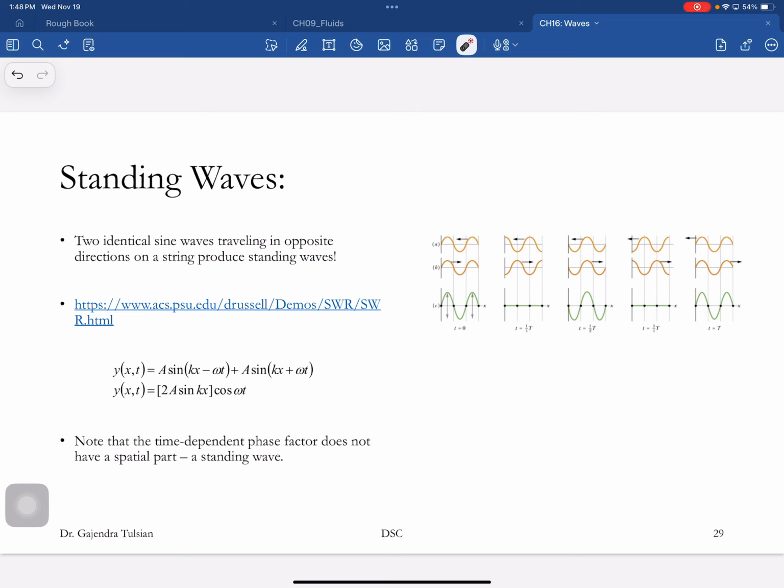Here's a wave traveling to the right. Here's a wave traveling to the left. Their amplitudes are the same, their wavelengths are the same, and the frequencies are the same. And if you combine the two, look what happened.